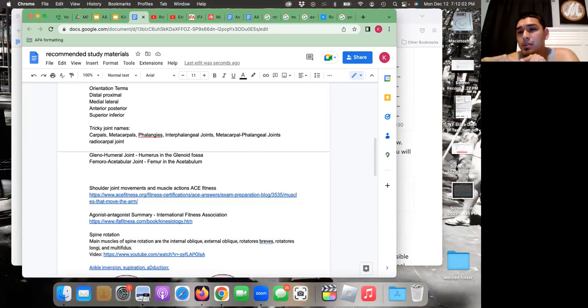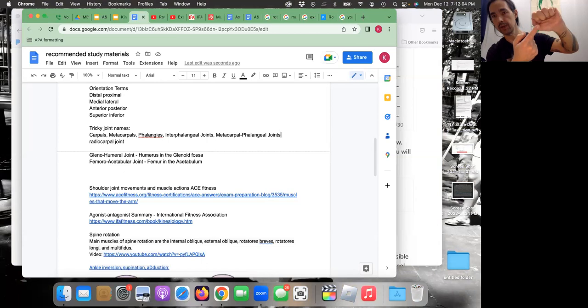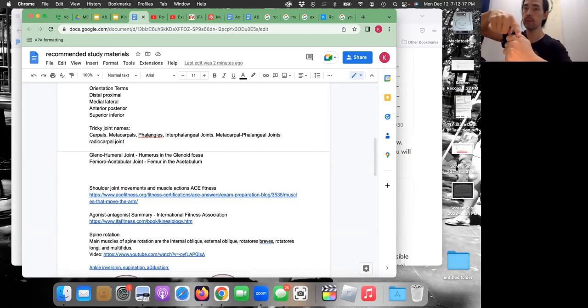Let's try it this way. So your hand's in a different position. You have to really think. Distal interphalangeal joint. Proximal interphalangeal joint. Good. Metacarpal phalangeal joint. Carpal metacarpal joint.